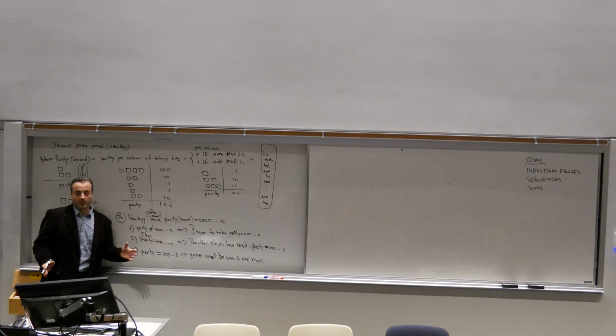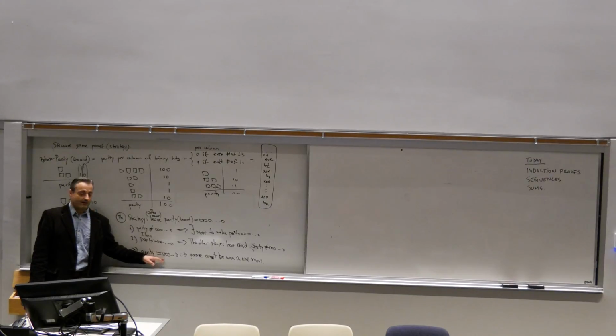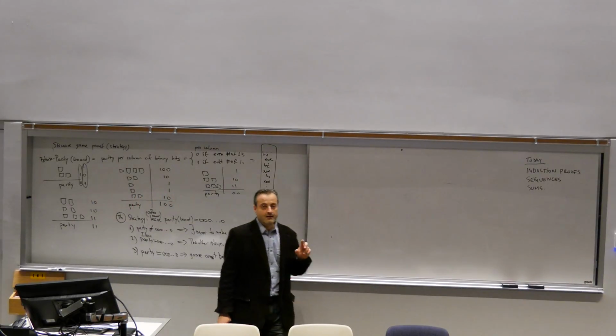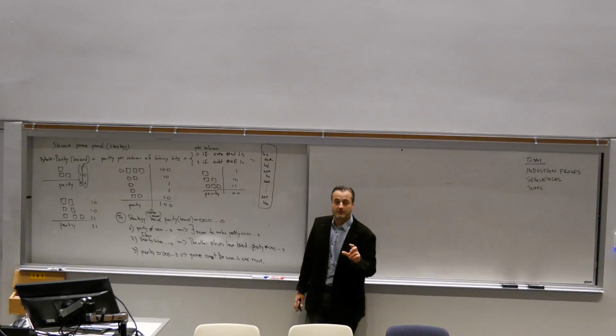Unless I finish the board, I took everything of it. If the board still exists, the other player cannot win because there's no single move that can do this. That's quite easy to see. If the parity is 0 and the board is not empty, what must happen? If the parity is 0 and the board is not empty, how many rows must be there on the board? Yes.